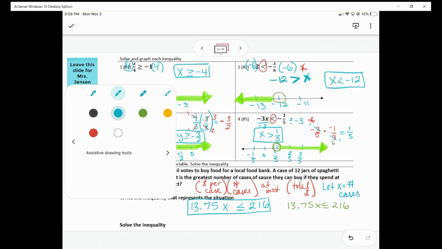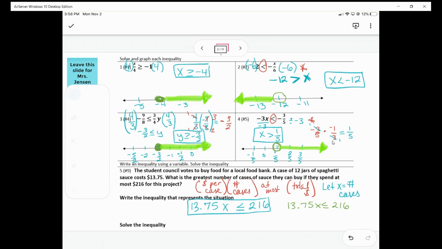So to solve, we're going to divide both sides by $13.75. So 216 divided by 13.75 gets us x is less than or equal to 15.71.